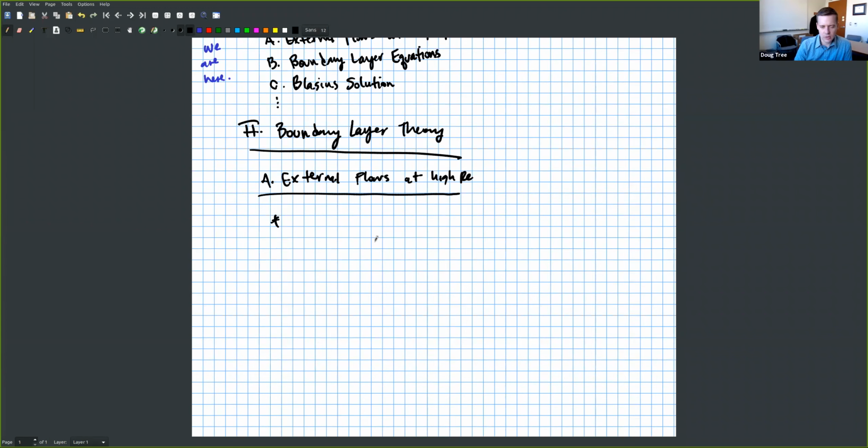So an external flow is something where I have some object, okay, and pardon my drawing on the computer, but I have some object and I now have fluid flow, usually forced convection, that goes around the object. So the boundary layer problem.